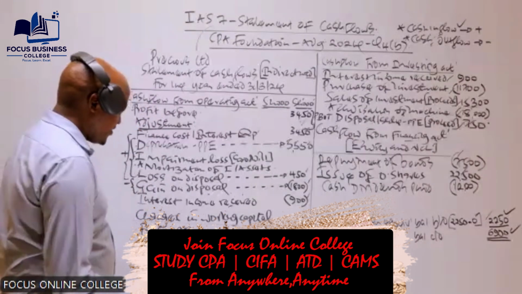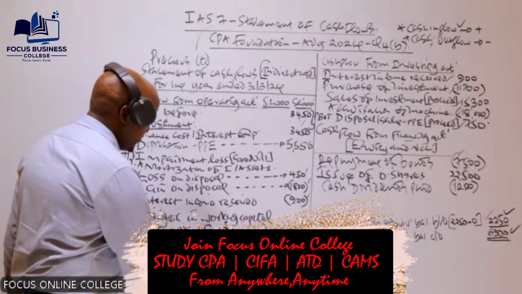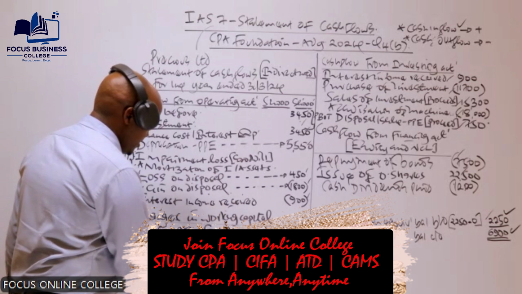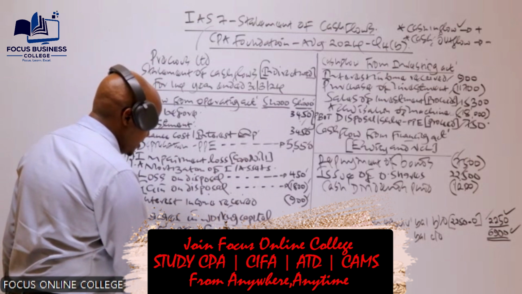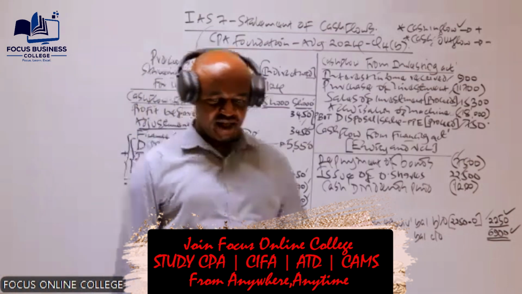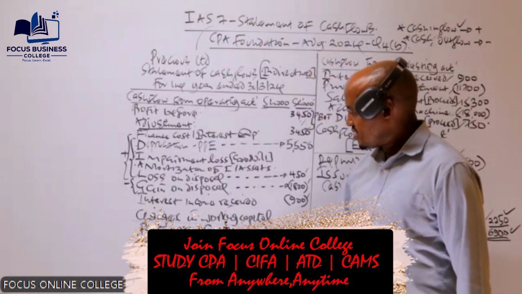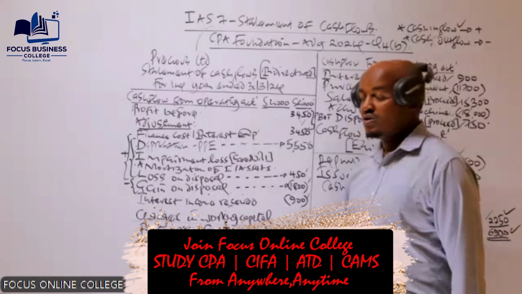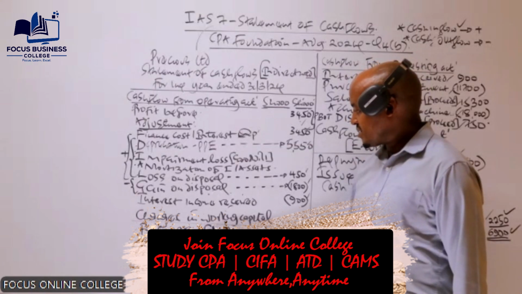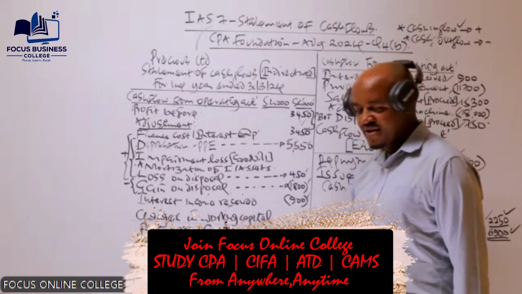Now, to make it very simple, there is a formula I give my students. O minus C, and then C minus O. Just remember that. This is opening balance minus closing, and closing balance minus opening.